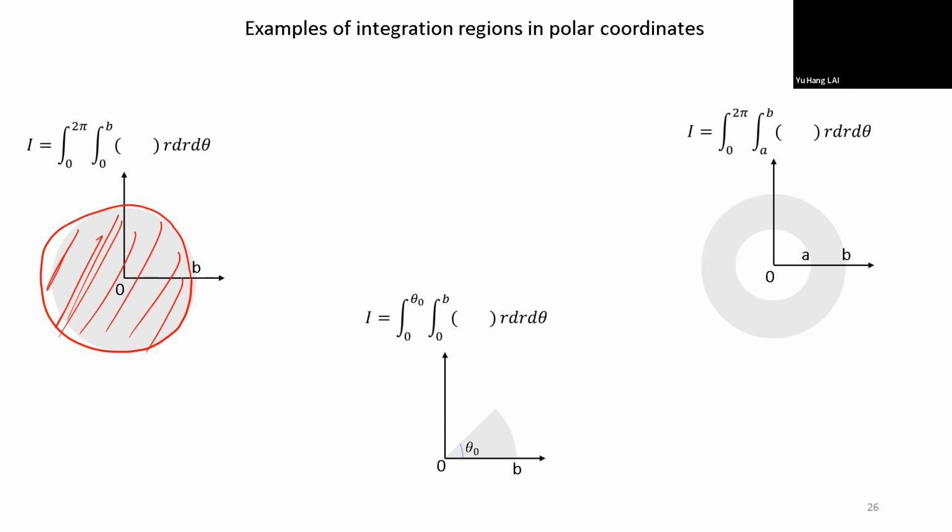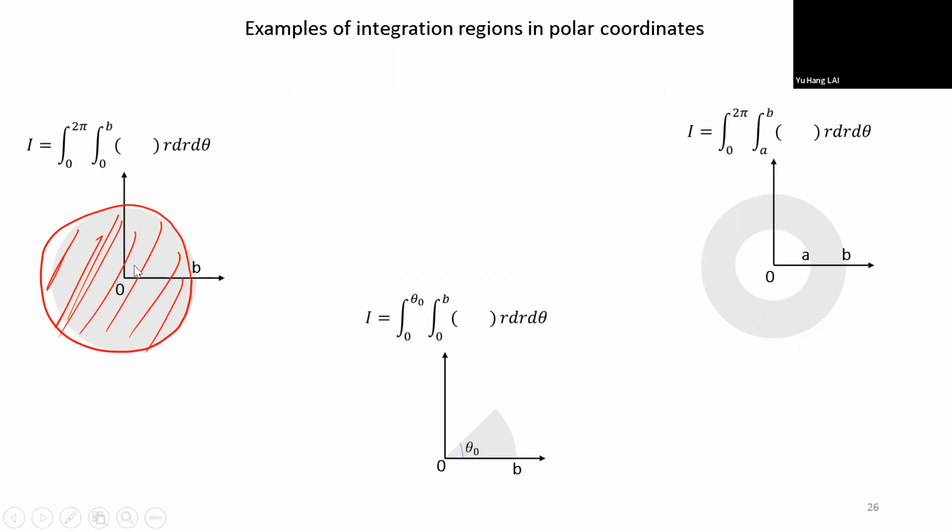Again, you could imagine that you can do it using Cartesian coordinates, but you need to express this function carefully first. You need to take care of the changing upper and lower limit as a function of x or as a function of y.